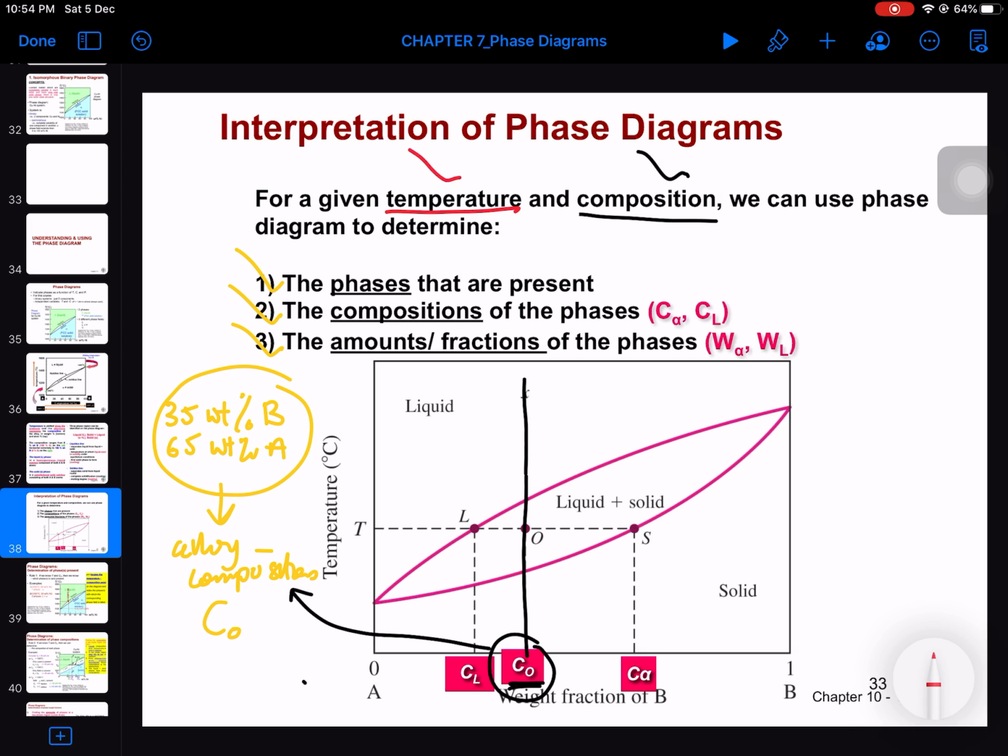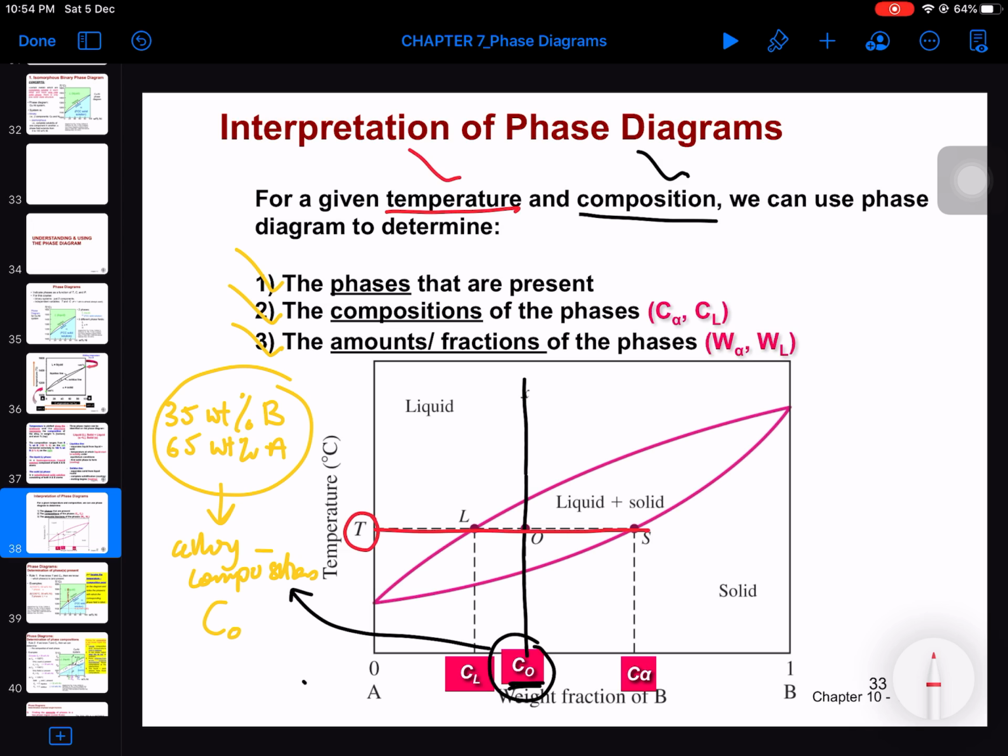Let's say the temperature is given at T. Once we know the temperature, you have to draw a horizontal line at that temperature that crosses all the boundaries on the phase diagram. So let's do that. This is the line.